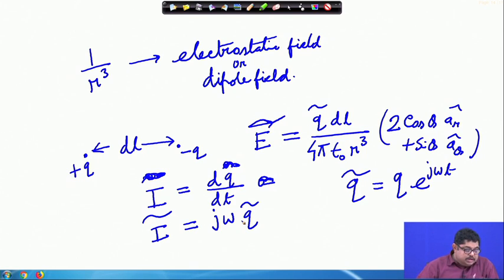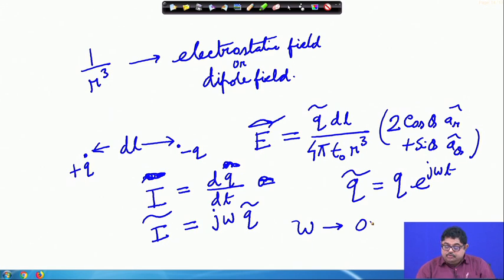So, if we put this q here instead of that, for this phasor, and if I let omega go to 0, if I force omega to 0, then we get this field in our expression.